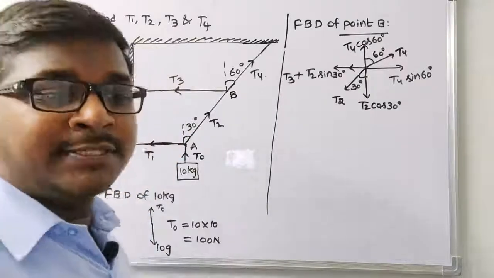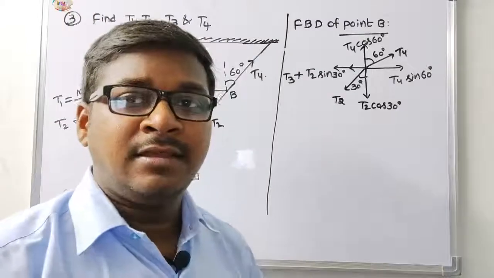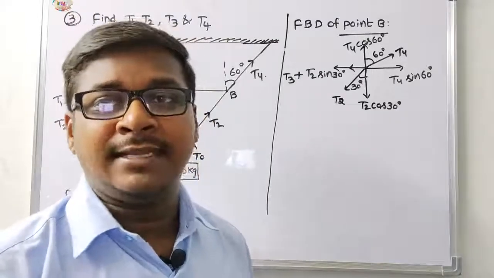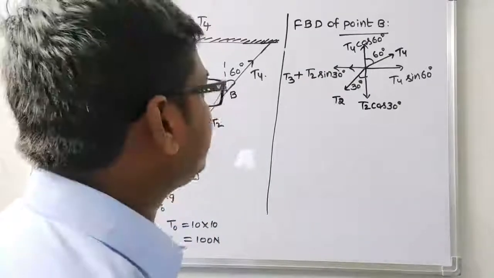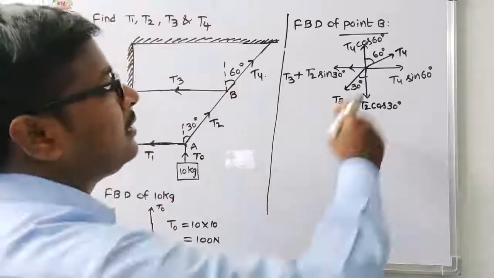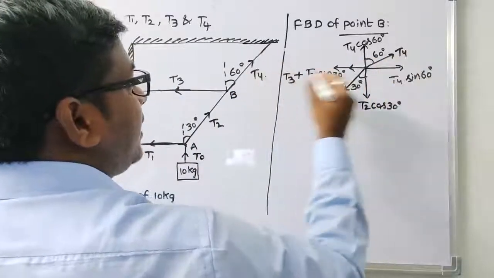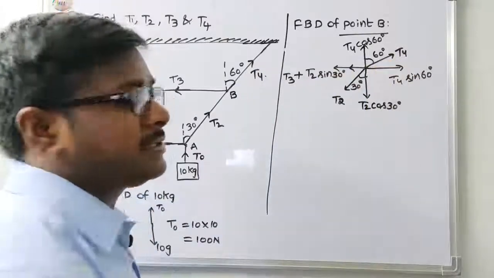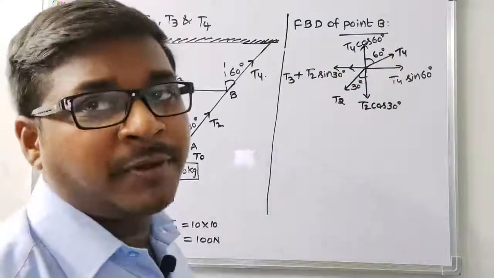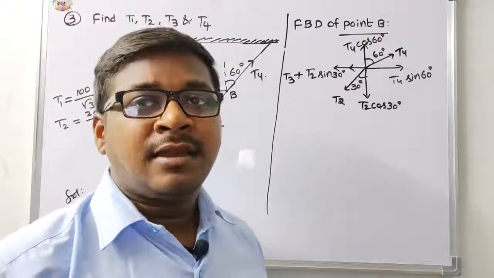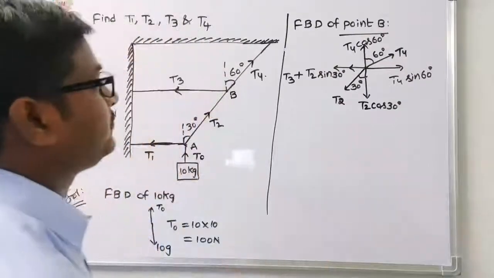The two forces act in the same direction, so they add: the resultant is T3 plus T2 sin 30. On this side, T4 acts along the string at 60 degrees, resolved into T4 cos 60 and T4 sin 60.